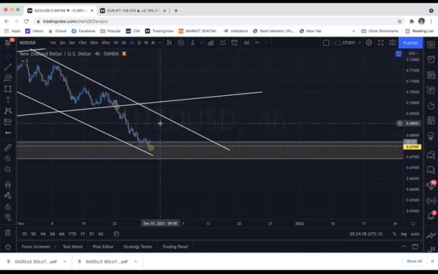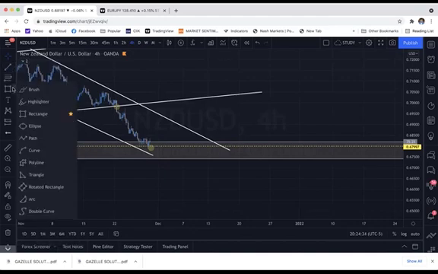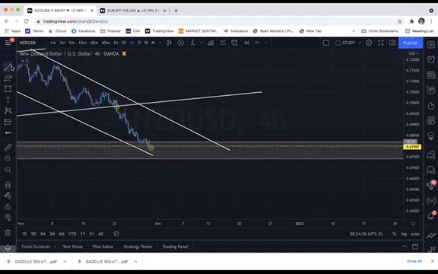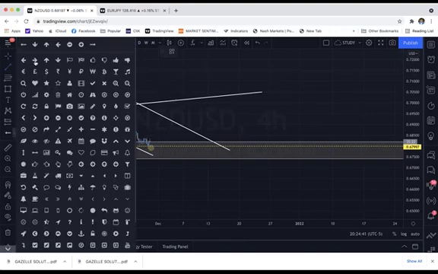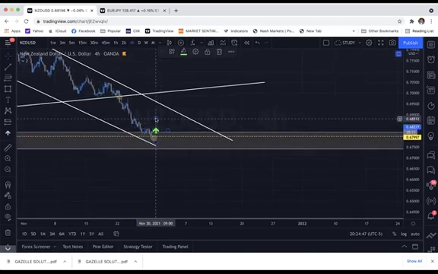So yes, I believe that it will. Let me see if I can get me a nice little pretty arrow. But anyway, I believe personally that it should reverse, go up this way.